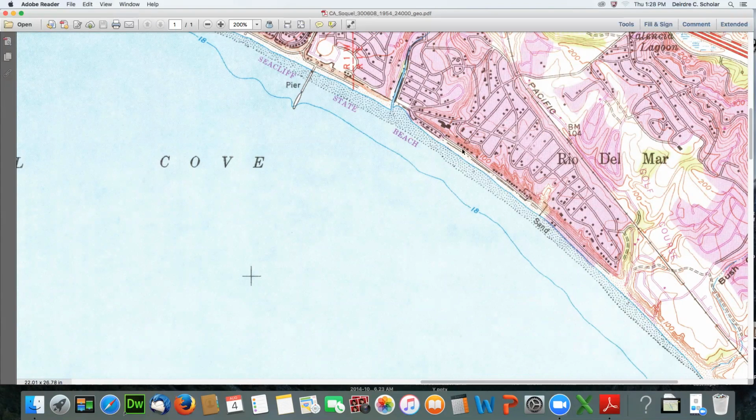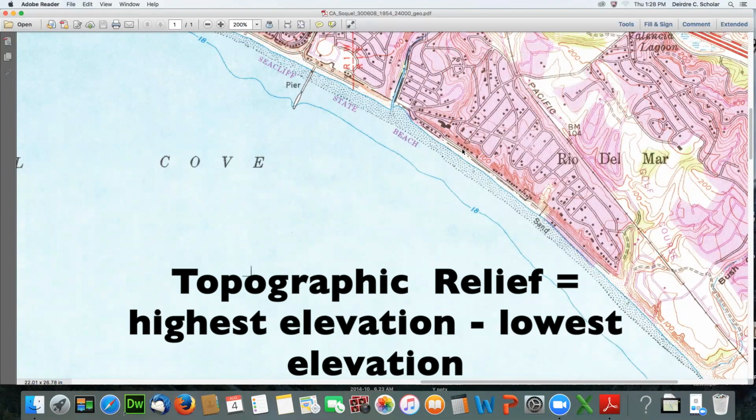So highest peak, 640 feet, lowest is 0 if we're talking about land areas only. And calculating topographic relief, of course, is the highest elevation minus the lowest elevation, which in this case is 640 feet minus 0 feet, which equals a total relief of 640 feet.